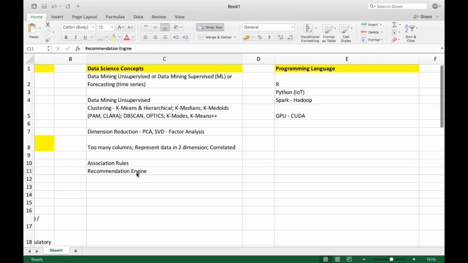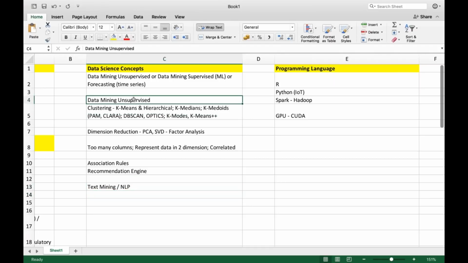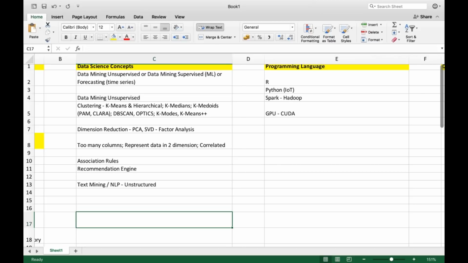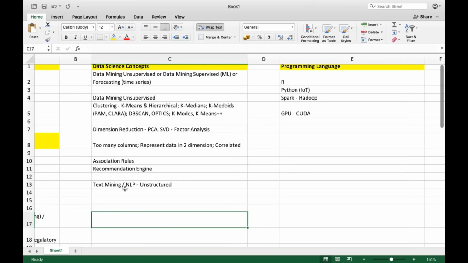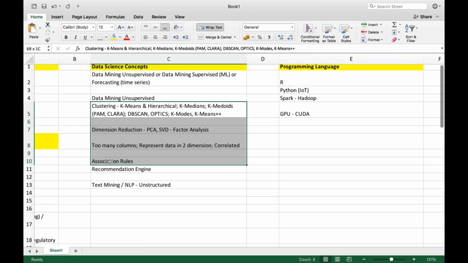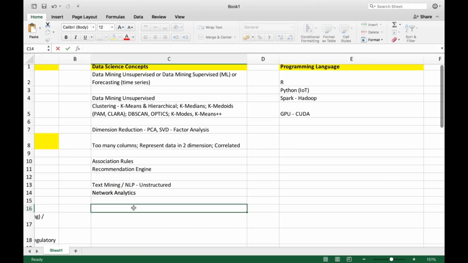And then your text mining, natural language processing is very much part of data mining unsupervised learning. The only difference is when you have unstructured data, you end up using text mining or NLP. If you have structured data, you might want to implement any of these techniques. Of course, there is something else which is network analytics, if I'm not mistaken.